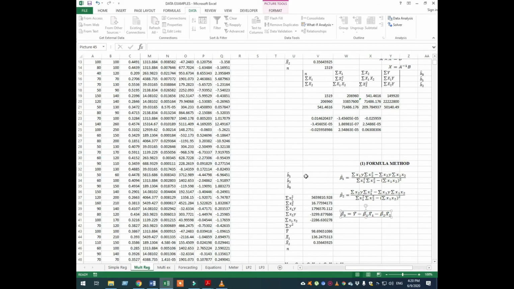So here I am putting the values of the B1 estimator, where in the numerator I have 2 factors subtracted, divided by again 2 factors subtracted.